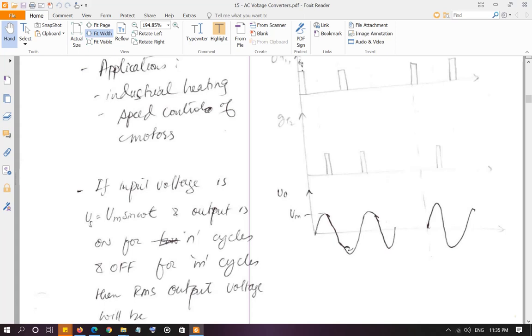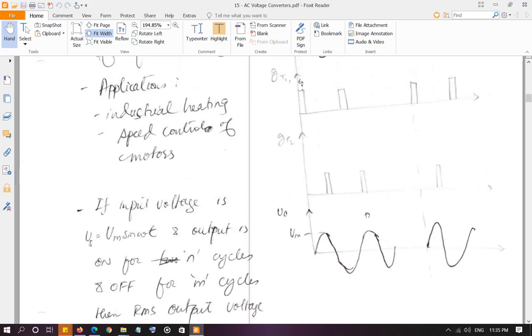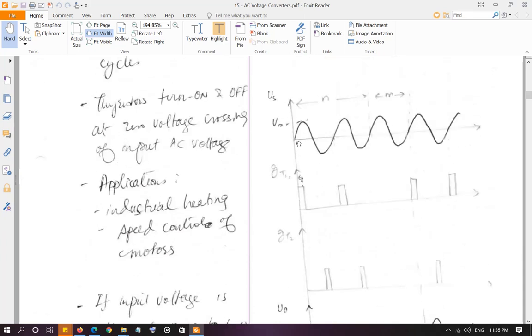When it is on, let's assume that we are turning them on as soon as the cycle is coming. That is, our firing angle is 0 degrees for the positive side and 180 degrees for the negative side.